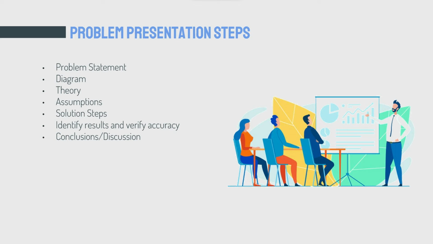Firstly, you have the problem statement. In a statement, in abbreviated form, what is the problem exactly? Then you need to use a diagram whenever possible to tell them what the problem is and what approaches you think are alternative solutions to the problem, why you think this one is better, why that one is worse, and so on.